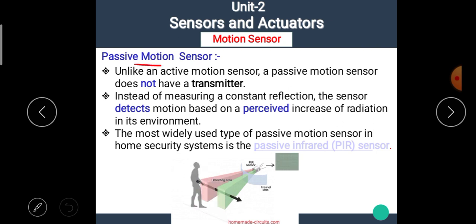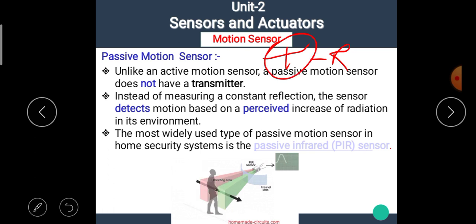Okay, now let's see the next type of sensor, the passive motion sensor. What is the difference between active motion sensor and passive motion sensor? Unlike an active motion sensor, a passive motion sensor does not have a transmitter. That is the main difference: an active motion sensor contains both transmitter and receiver and transmits ultrasonic waves, radio waves, or microwaves.